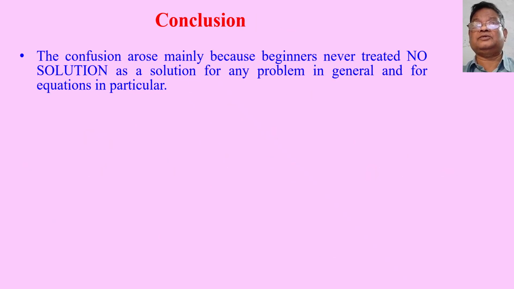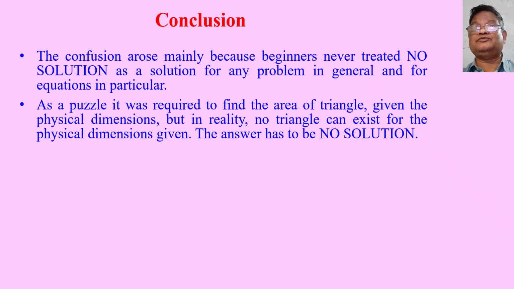The confusion arose mainly because beginners never treated no solution as a solution for any problem in general and for equations in particular. As a puzzle, it was required to find the area of a triangle given the physical dimensions, but in reality, no triangle can exist for the physical dimensions given.